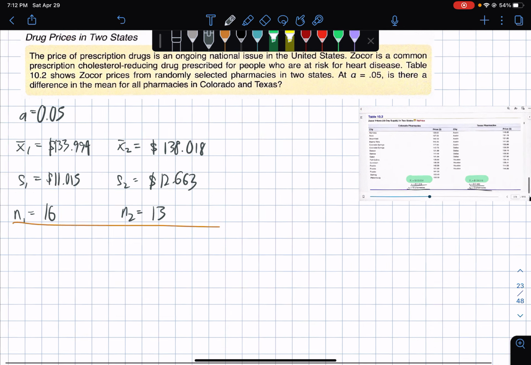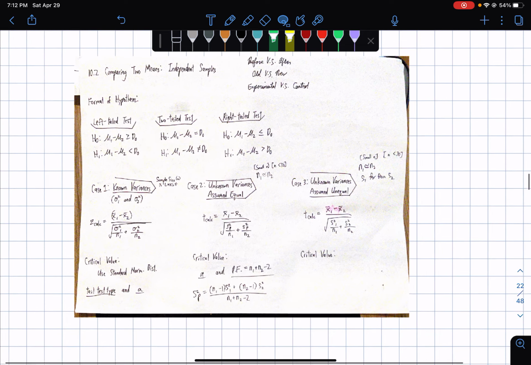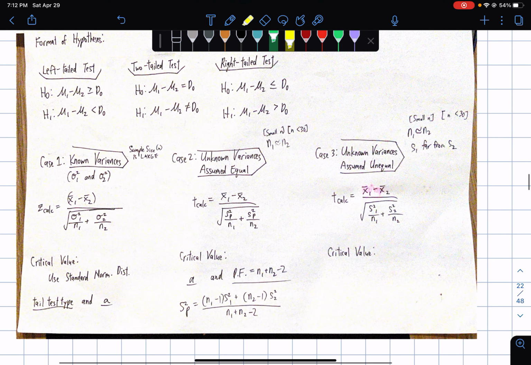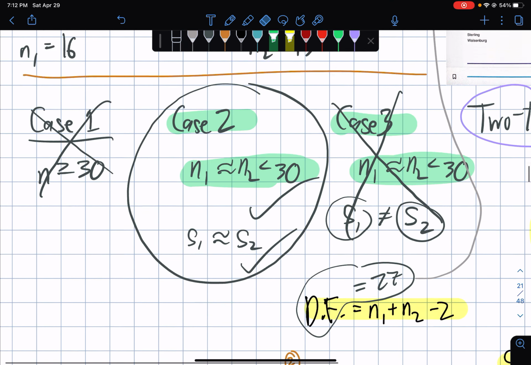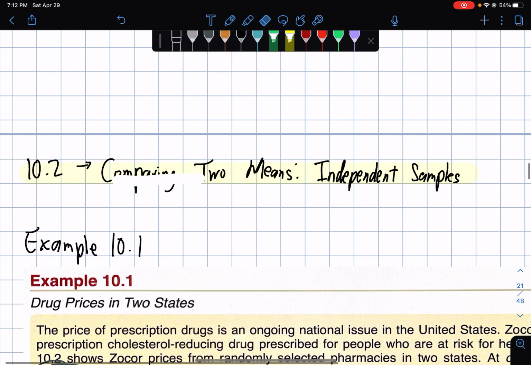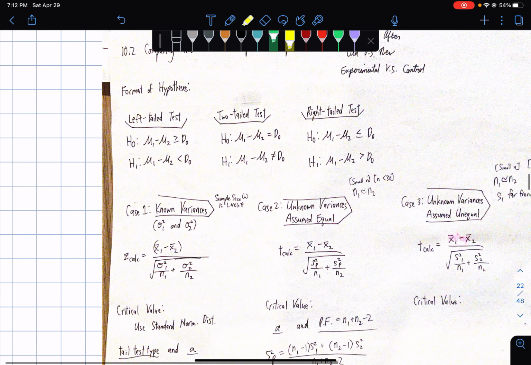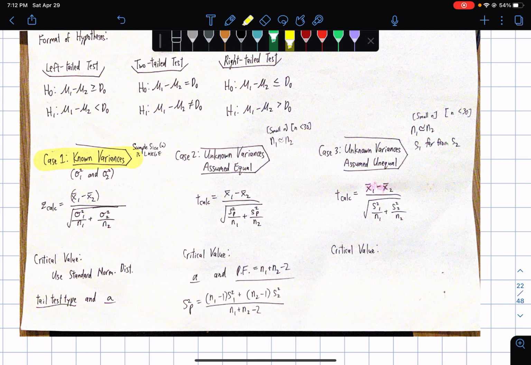Now, based on the paper that I showed you a while ago, we have 3 cases in the lesson about 2 independent samples comparison, or comparing 2 means, independent samples. The first case is where your variances are known, O1 and O2. For case 2, unknown variances, but they are assumed equal.